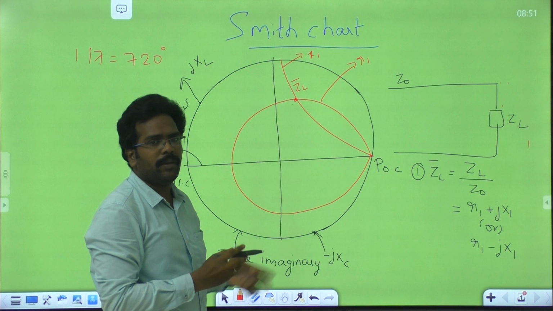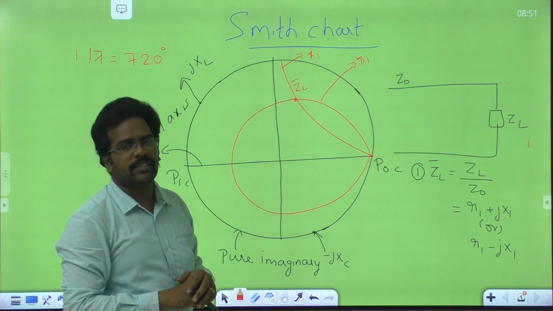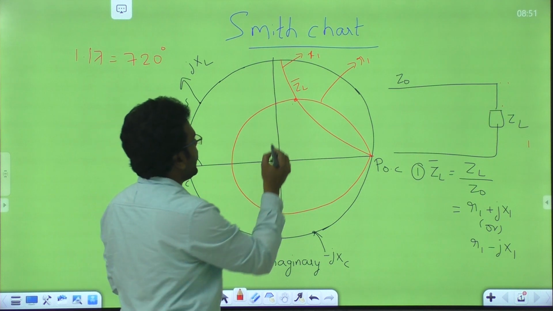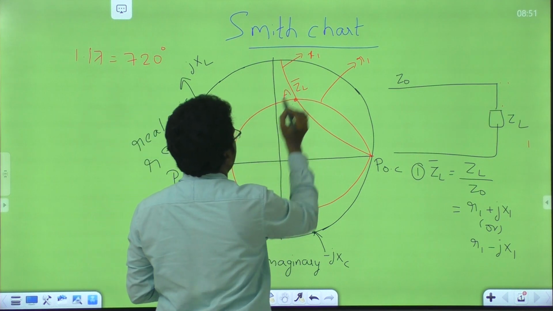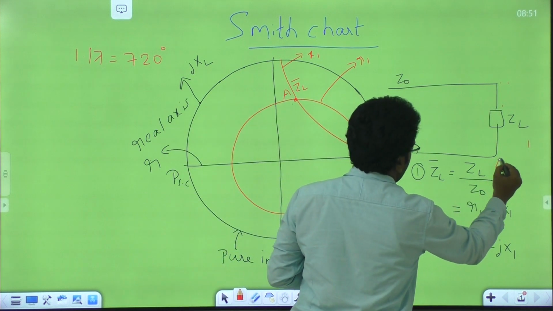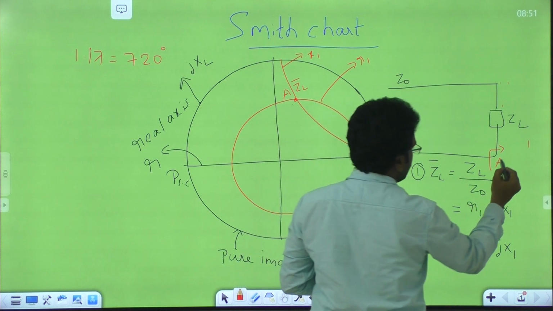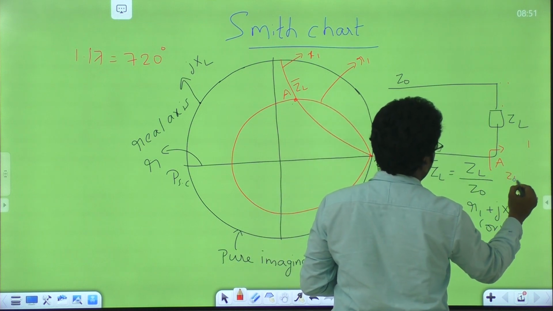For any problem, this is the first step: plotting the normalized load impedance on the Smith chart and naming it as some point A. So this is the point A. At this point, the impedance is your ZL bar.